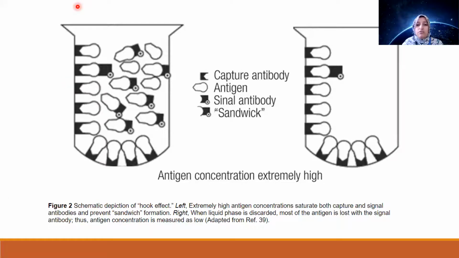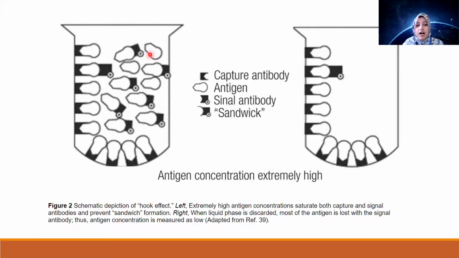So this is a picture of the explanation. There you can understand the antigen is the prolactin hormone, and this is the capture antibody. These black shadows are the signal antibody, because it has a signal dot with that. And when this signal antibody combines with the antigen, it becomes a sandwich.